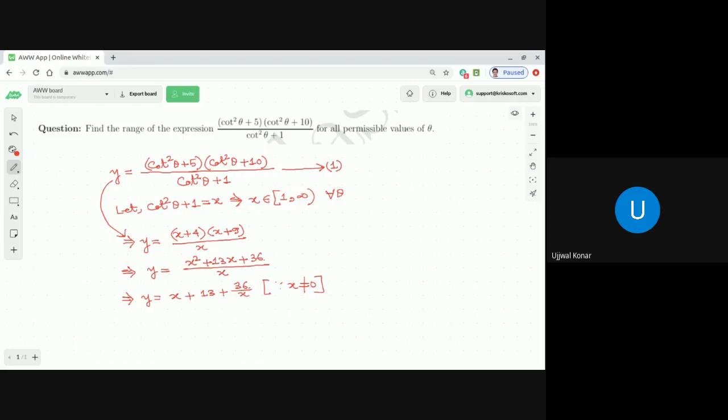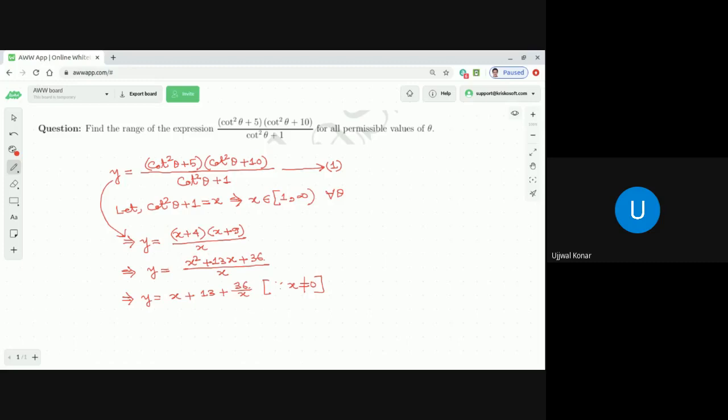And hence x is also greater than or equal to 1. That means x belongs to the interval [1, infinity). So what we end up with is y equals x plus 13 plus 36 by x.